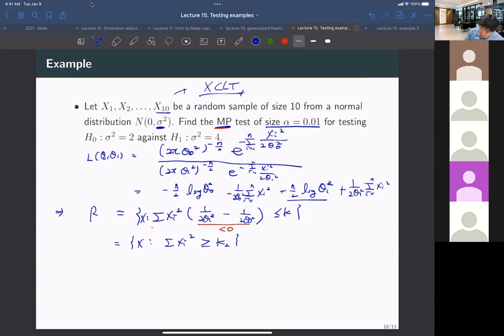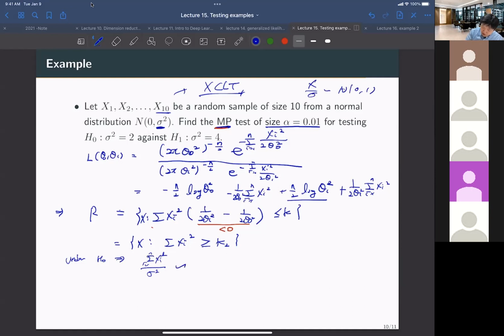And here, under H0, xi over sigma is a standard normal random variable, just recall that.